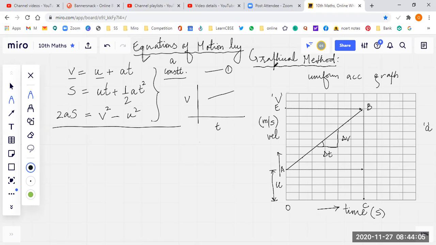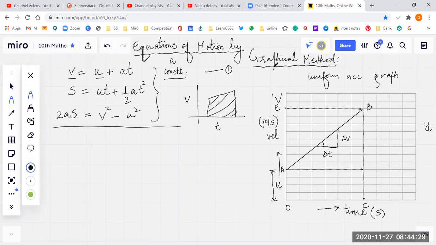What does the area under this graph show? I have told you that day. Does any student remember? This area is displacement.